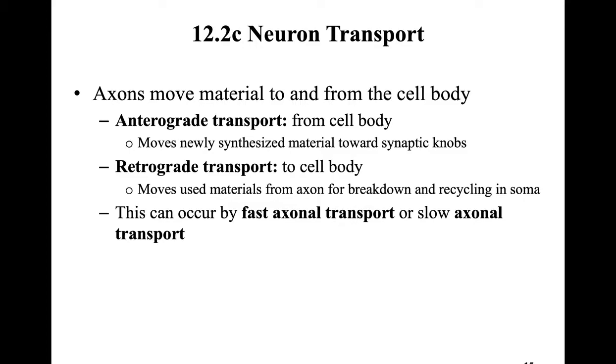The action potential will move on the surface, and the action potential always moves in one direction. It always goes from the dendrite all the way to the other end, which was the synaptic end bulb. So action potentials only go in one direction.